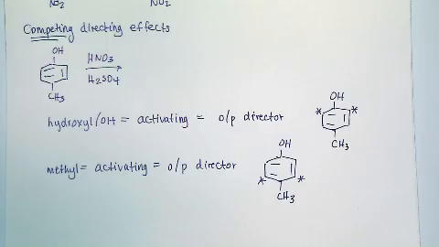That's why this is similar to that nitro group reduction that I showed you: you can install a meta director and then change it into an ortho-para director later.